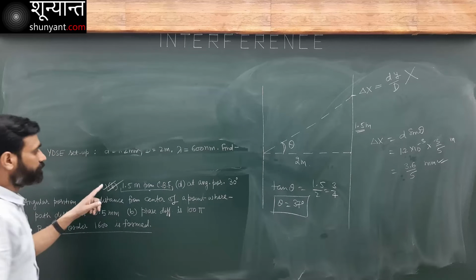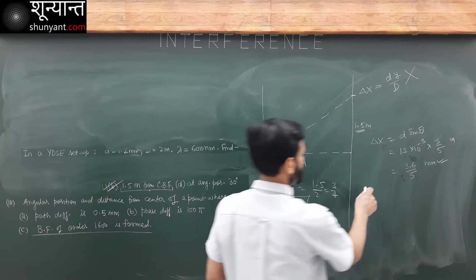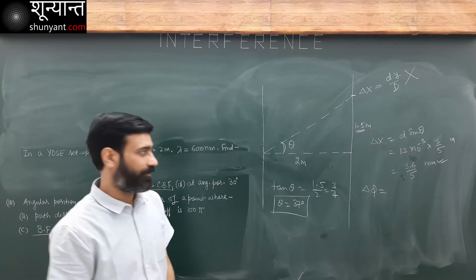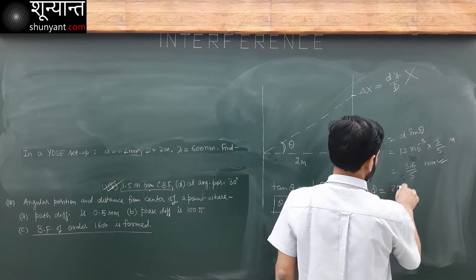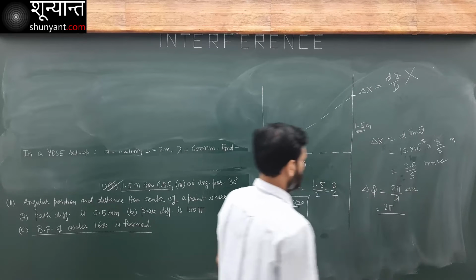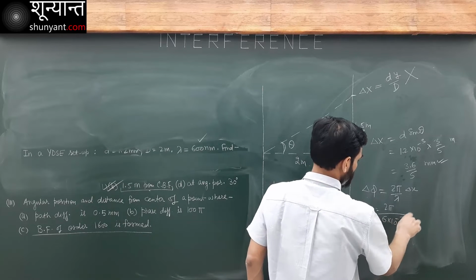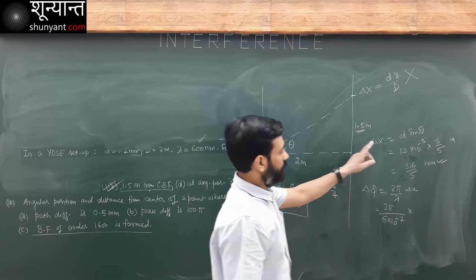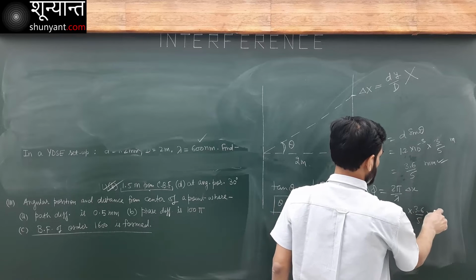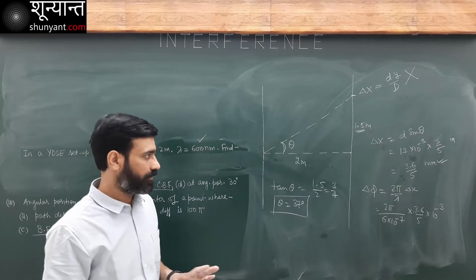This will be my path difference. What will be phase difference, delta phi? It is 2 pi over lambda and delta x. 2 pi over lambda, this is 6 into 10 minus 7, into, let me write this here, 3.6 over 5 into 10 minus 3 meter.